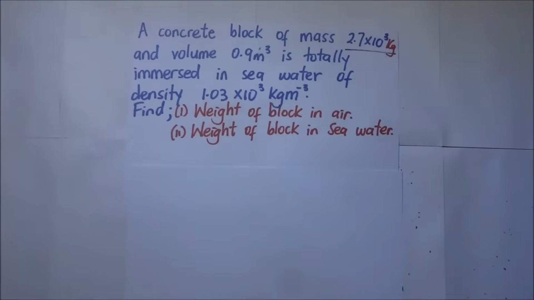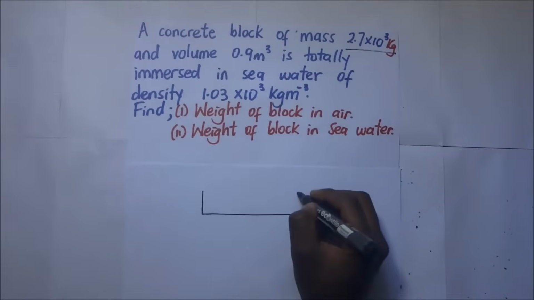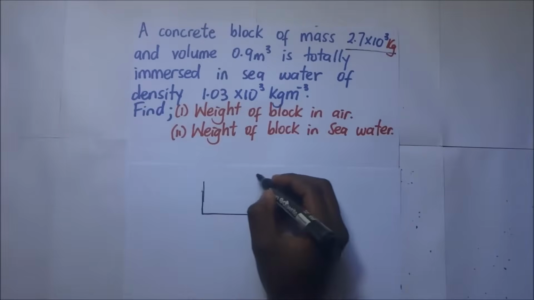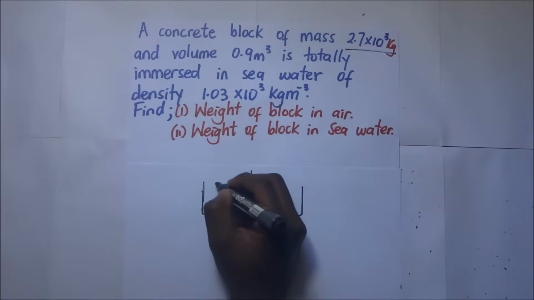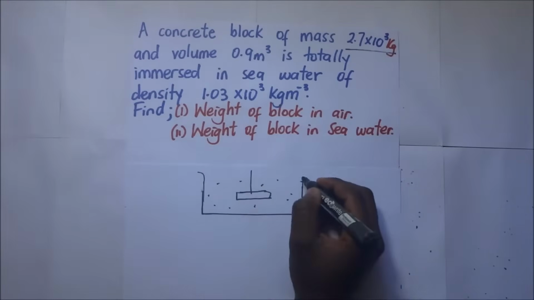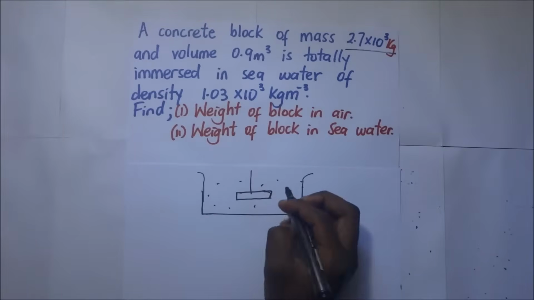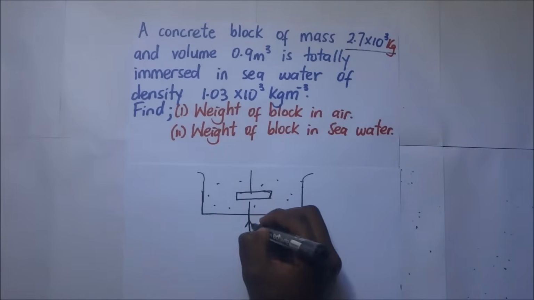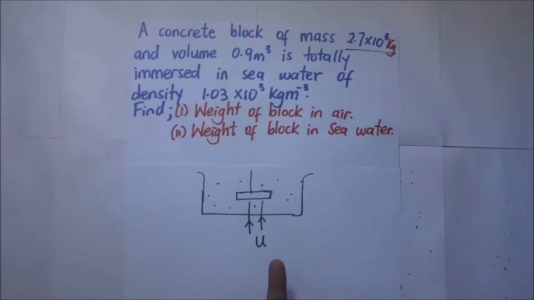So let's look at what the weight of the block in seawater is like. Let's call this our seawater. We have this block in this seawater. Of course, now when this block is in seawater, what kind of force is it experiencing? It is experiencing an upthrust force, the force acting upwards.